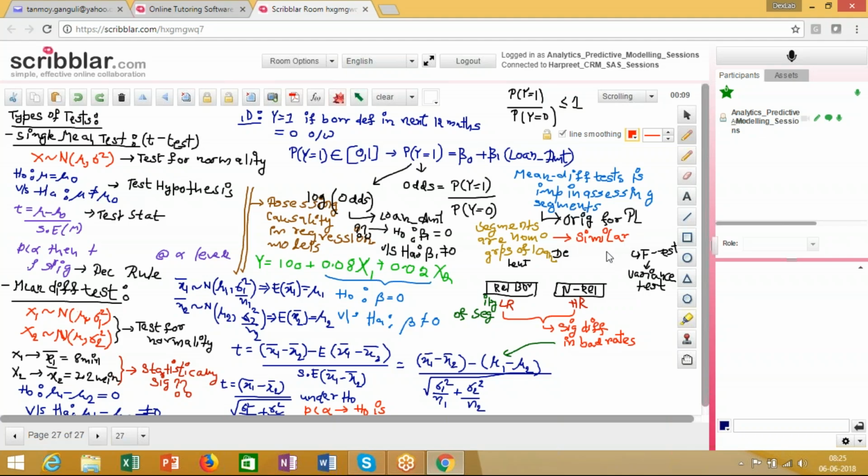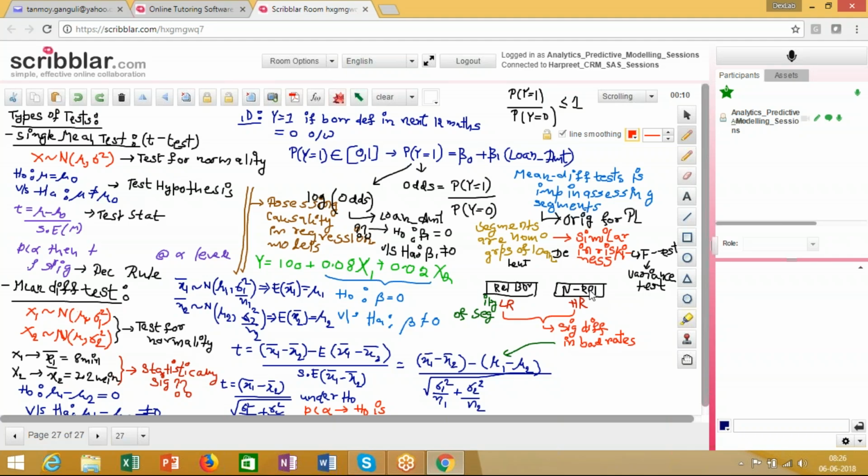Similar in riskiness. So how do I identify similar riskiness?